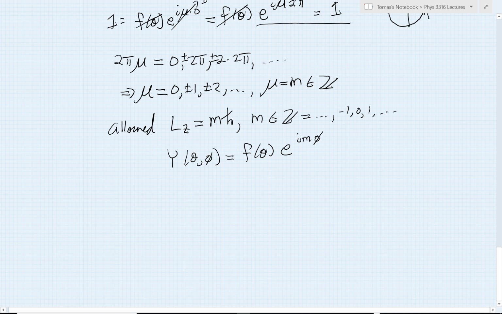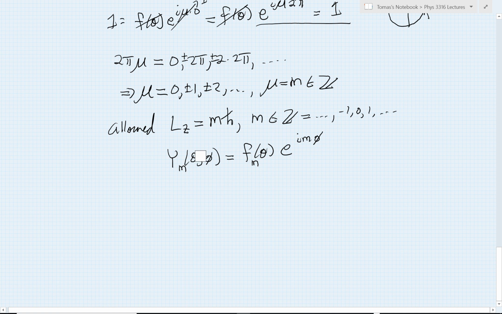Now, these y's we can characterize by their L_z values, and their L_z value is characterized by this integer m, so this is usually written as y sub m. And this function we have to be a little bit careful about. It could depend upon m, and it may depend on other things. We've only so far looked at L_z.